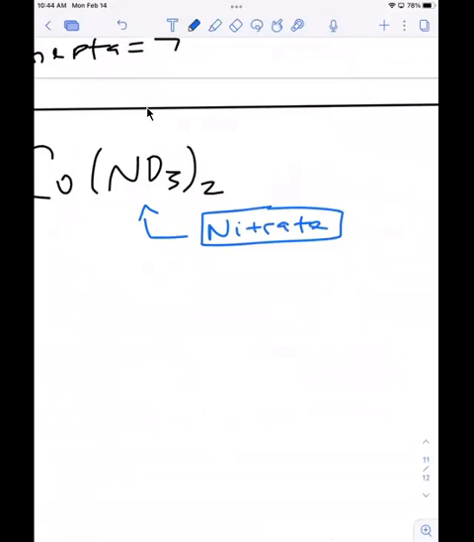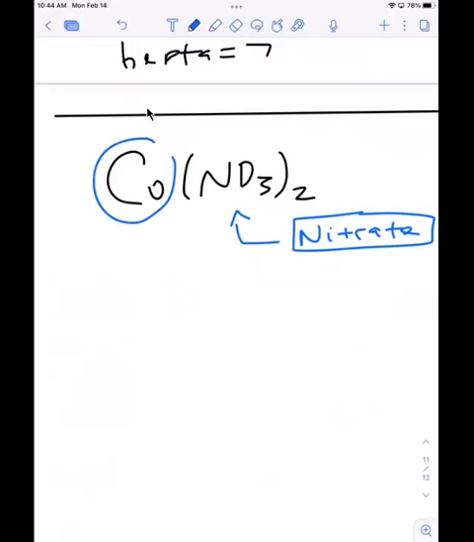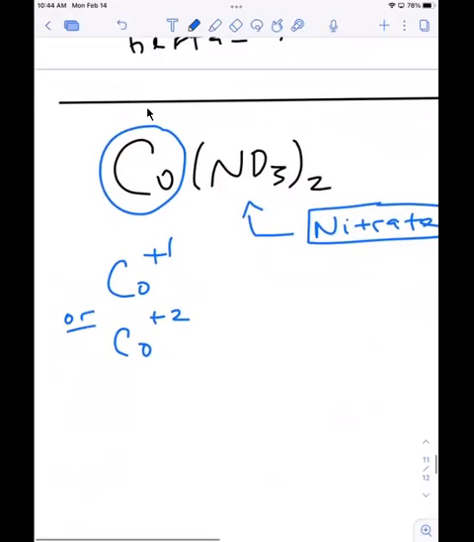Because cobalt can be +1 or +2. Now, how do we know which one it is? We need to know what the charge is on the nitrate and what the charge is on cobalt.